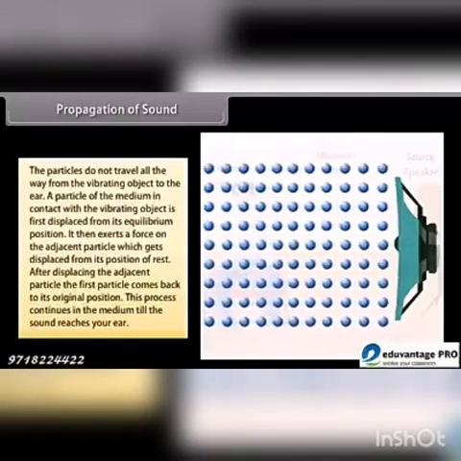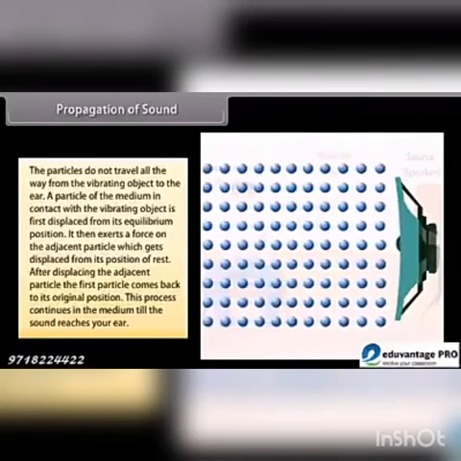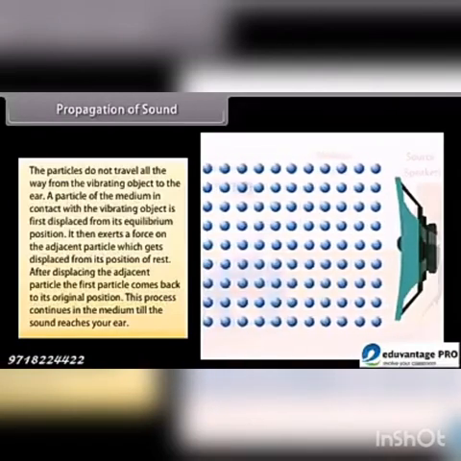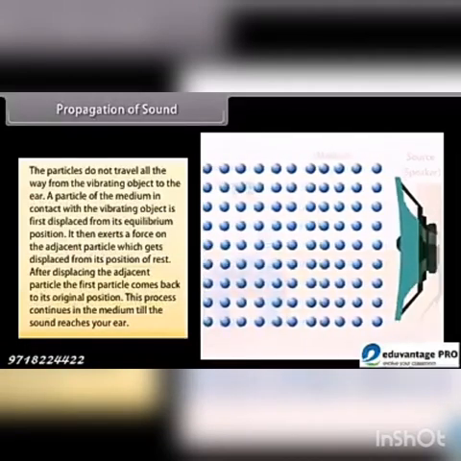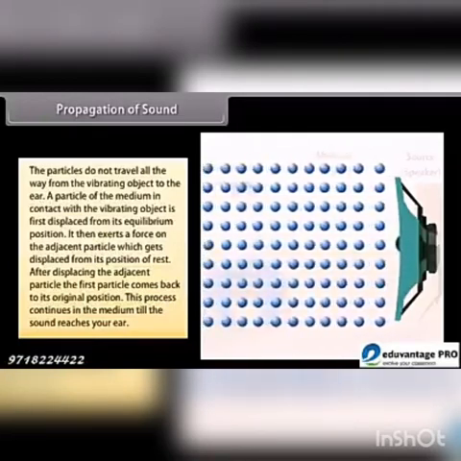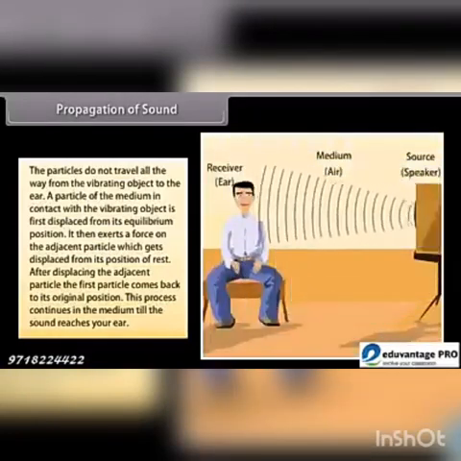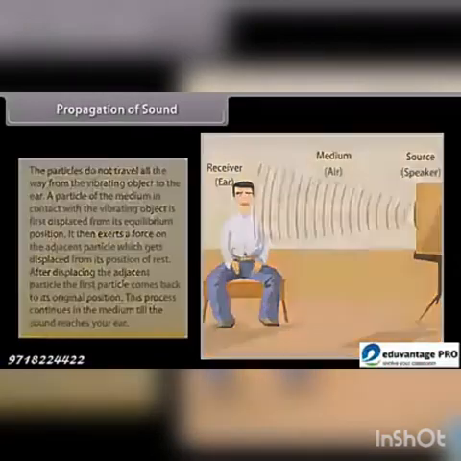A particle of the medium in contact with the vibrating object is first displaced from its equilibrium position. It then exerts a force on the adjacent particle, which gets displaced from its position of rest. After displacing the adjacent particle, the first particle comes back to its original position. This process continues in the medium till the sound reaches your ear.